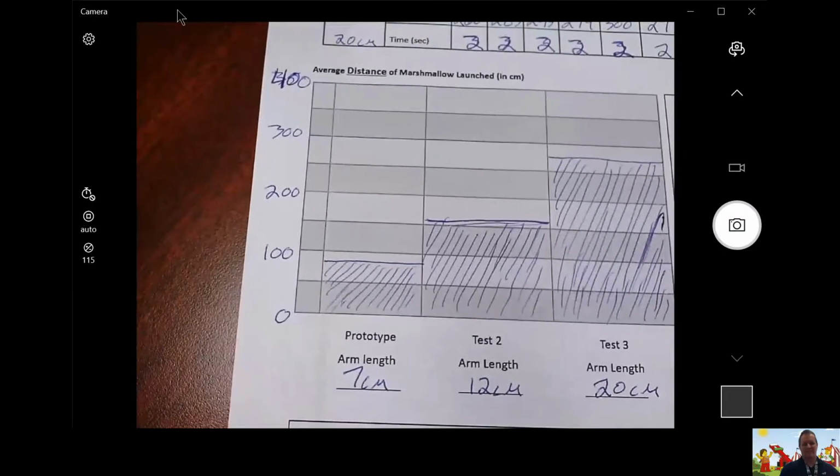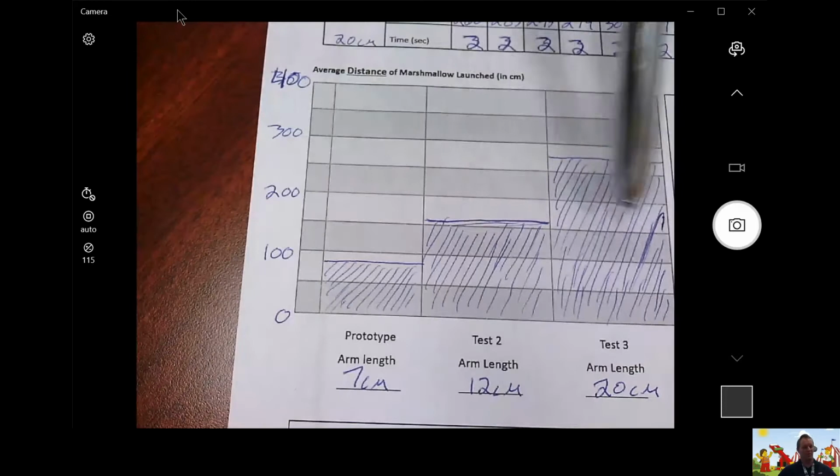I did want to make a quick little graph of the distance. So I want you to graph the distance the marshmallow traveled in centimeters. Notice my scale. I went up by 100 because my highest number was 300. My lowest was 88 in my trials, but my averages were 90, 155, 273.